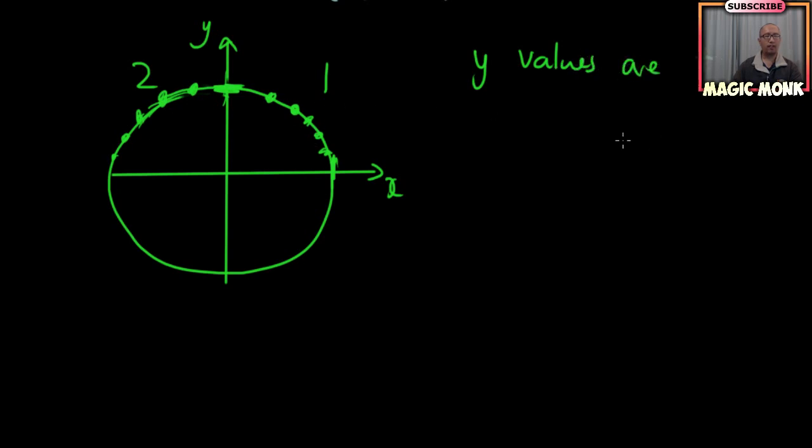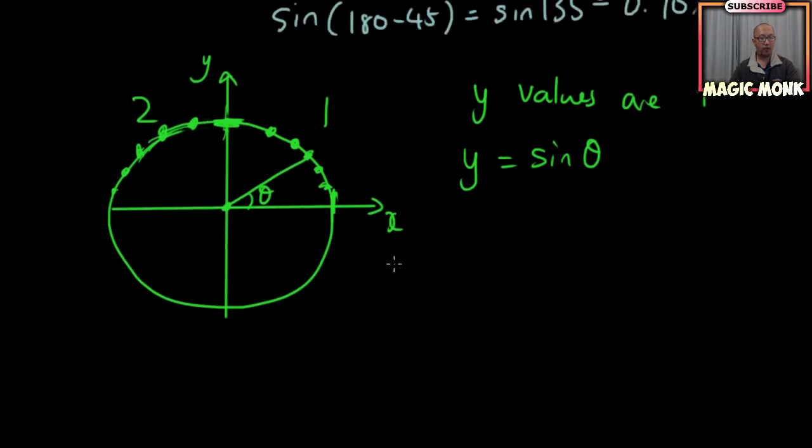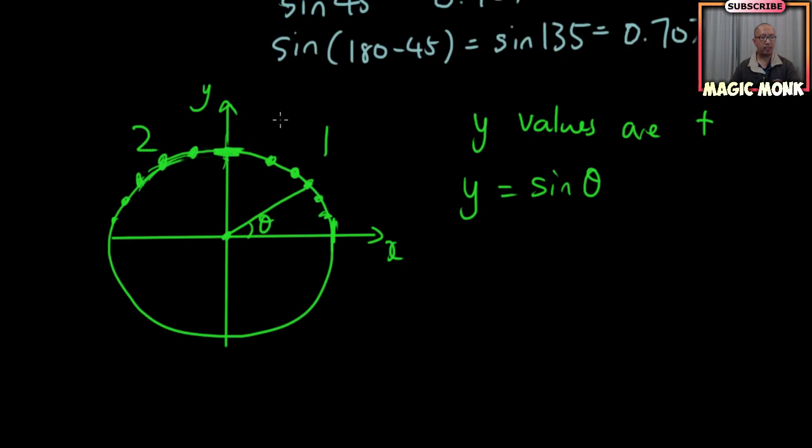Now, what do we say y was before? Y is equal to sine theta. So if y is positive in quadrants 1 and 2, I'm just going to write out what's positive. So here y is positive, so sine theta is positive.